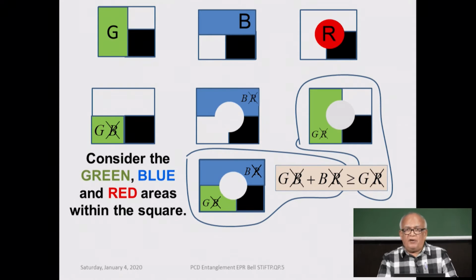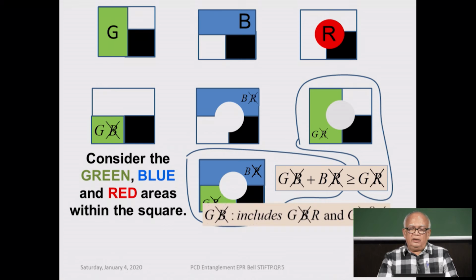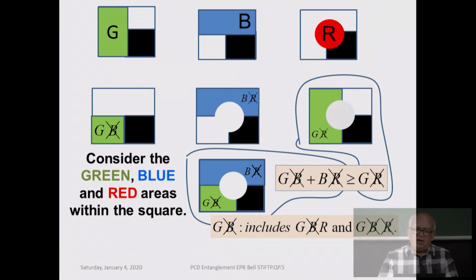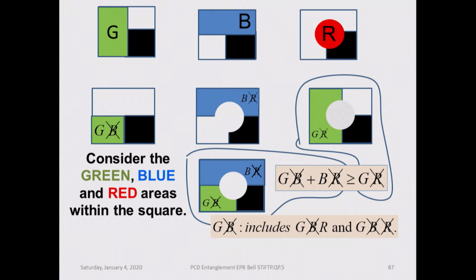What makes it counterfactual with reference to local hidden variables is because when you say green not blue, it may include green not blue and yes red or green not blue not red. Both the possibilities are there. Okay? Whether or not you measure it.